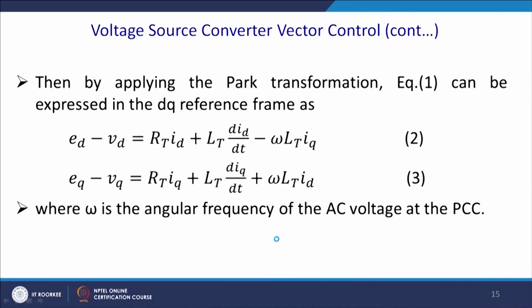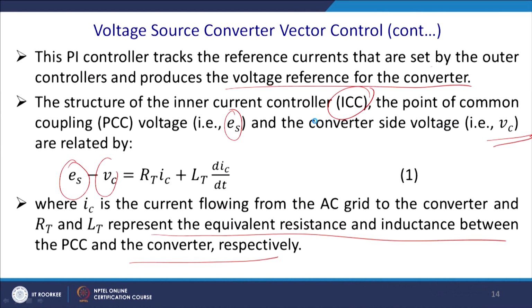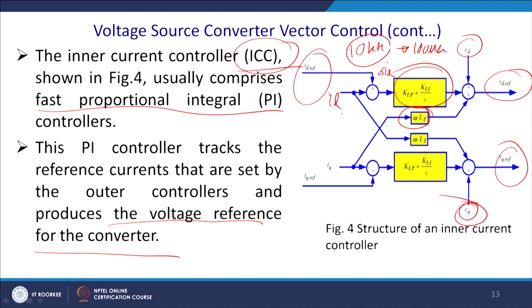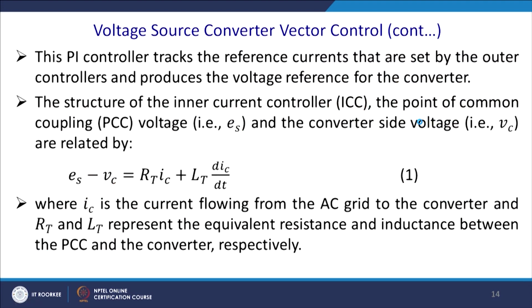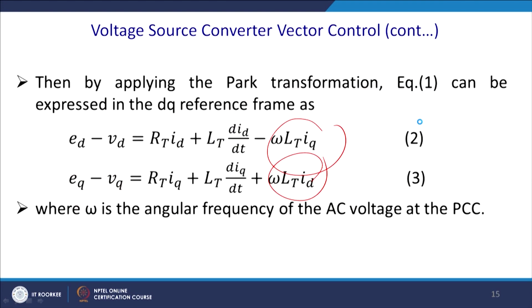And thus, we can rewrite this equation. This is the cross term, please go back to this. This has been multiplied with omega Lt, and this has been multiplied with omega Lt. This is the value of Vd, Rt Id, and from there we have these two equations.